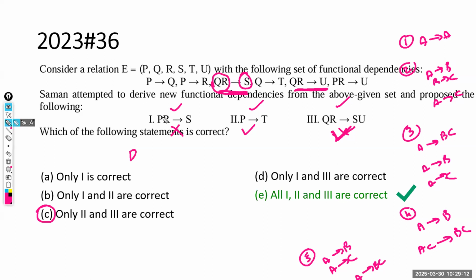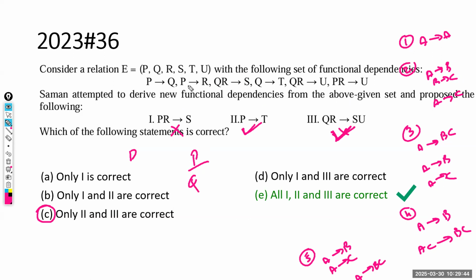But let me see again. P determines Q. And also P determines Q, right?